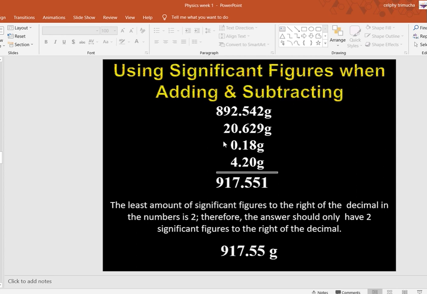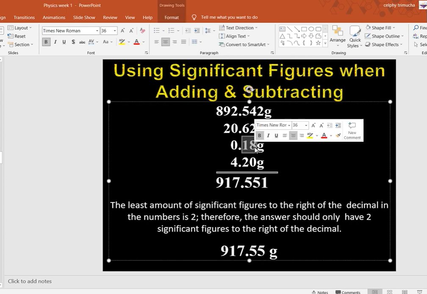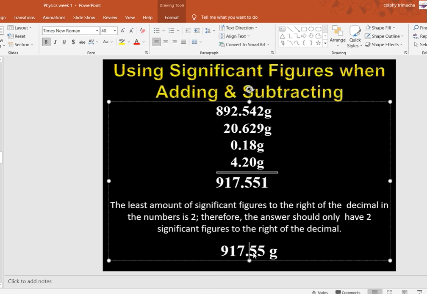So in the decimal part, we just look at which has the fewest significant figures. We have two decimal places, so the least number of significant figures to the right of the decimal place is 2. That's why our answer should have only 2 significant figures after the decimal place.